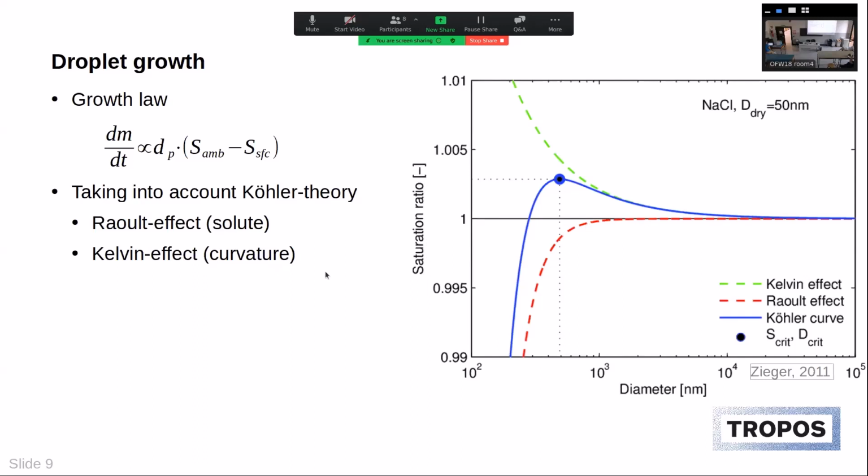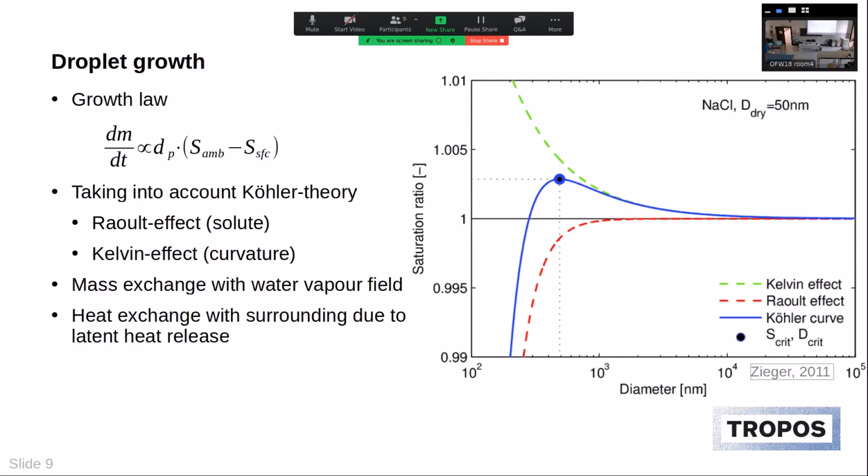The Kelvin effect accounts for the curvature of droplets: depending on the surface curvature of the droplet, you get an increase in surface supersaturation at the droplet's interface. According to this, we can calculate the mass change rate, and then we can have mass exchange with the water vapor field. And of course, if water is evaporated or condensed, we also have to calculate the heat exchange due to latent heat release.